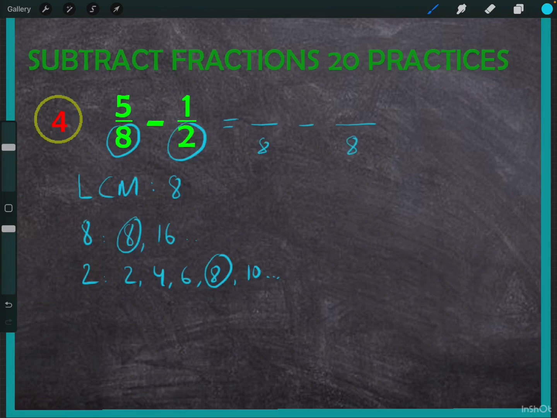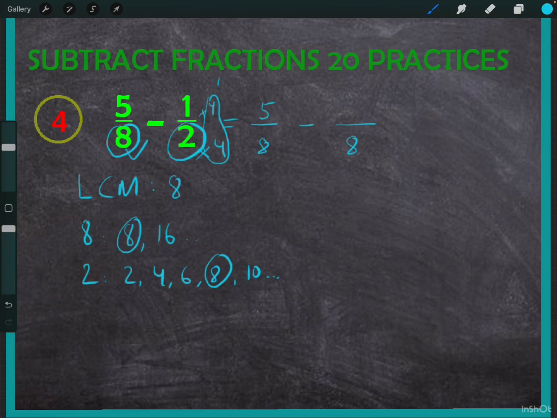For the first fraction, we just write it again because the denominator is 8 already. For the second fraction, to get 8 from 2, we must times 4. And when we times 4 to 2, we must times 4 to 1, because only that way 4 divided by 4 is 1, which means we don't change anything in the second fraction. 1 over 2 times 1 is still 1 over 2.